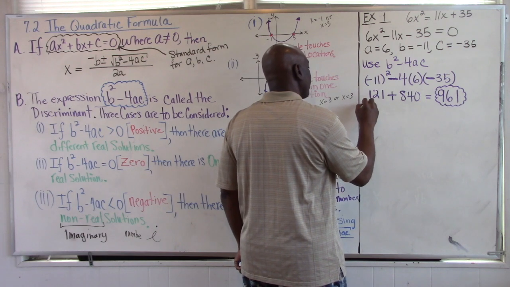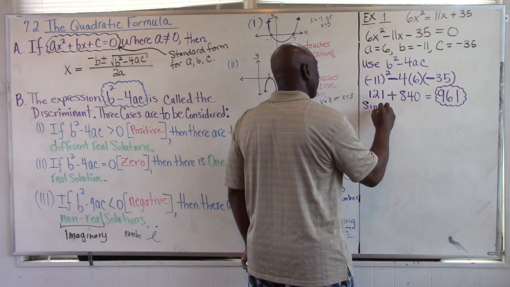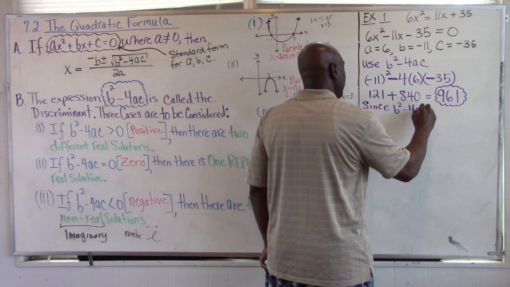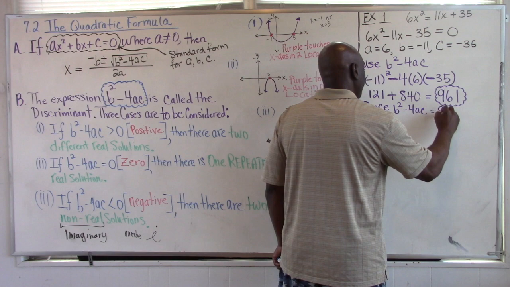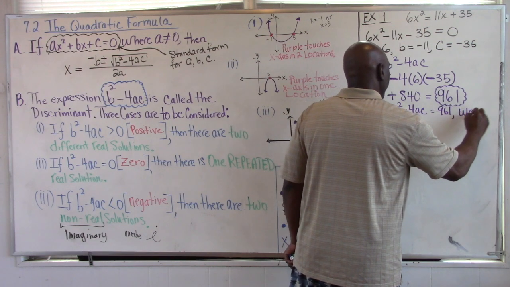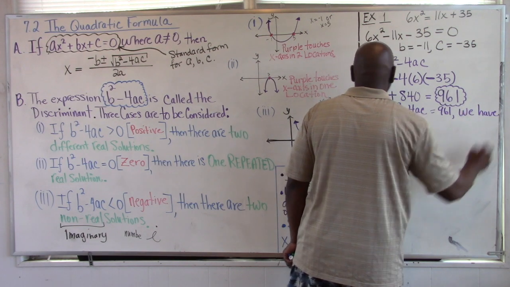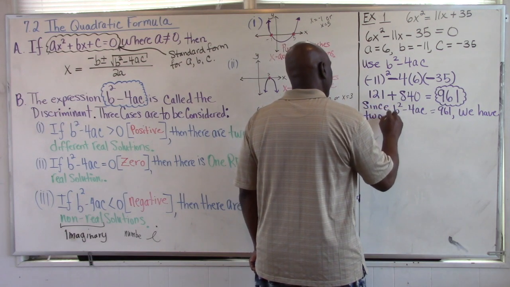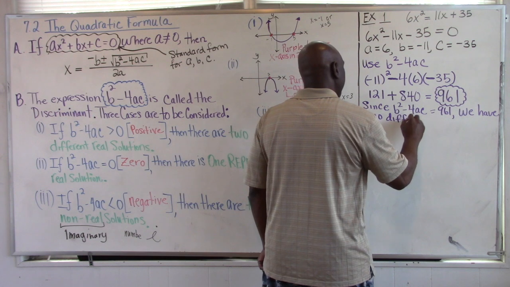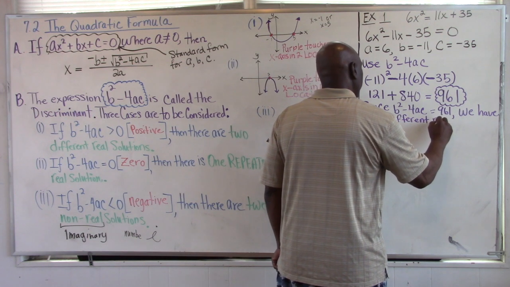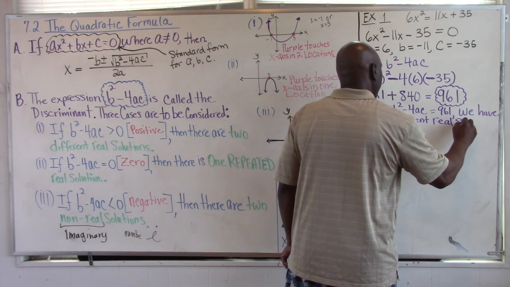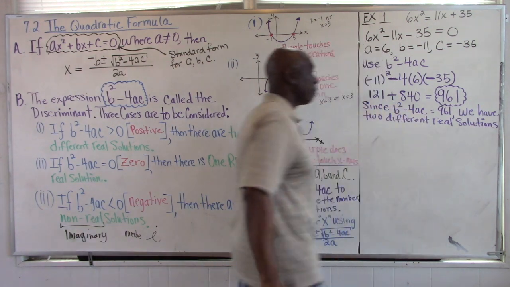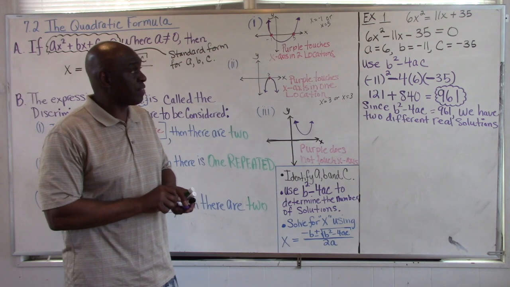Since b squared minus 4ac equals 961, we have 2 different real solutions. There you go. And that's the answer for that.